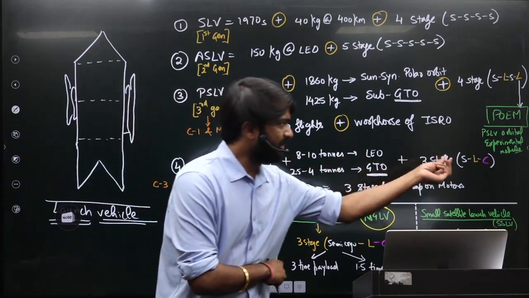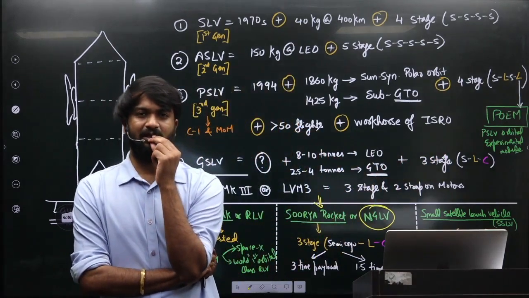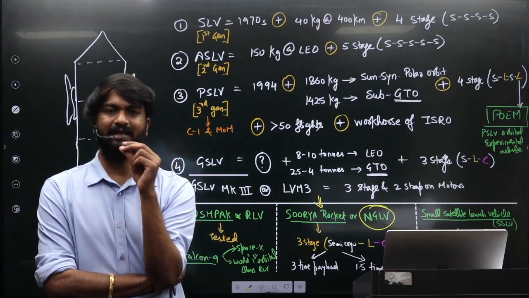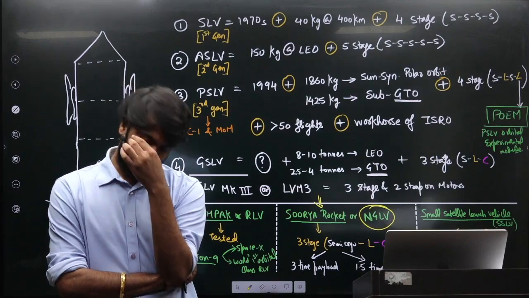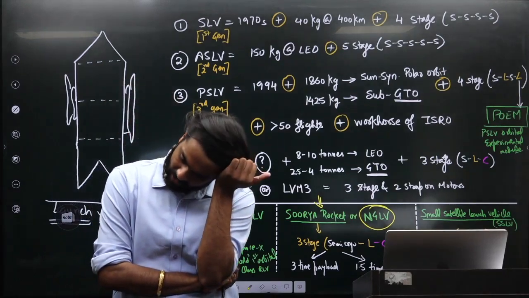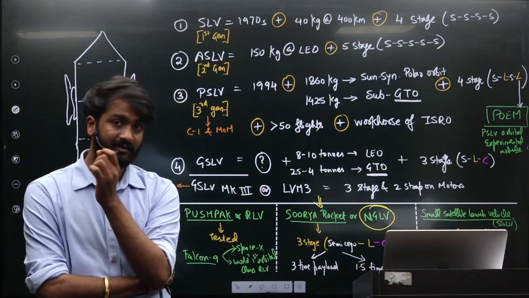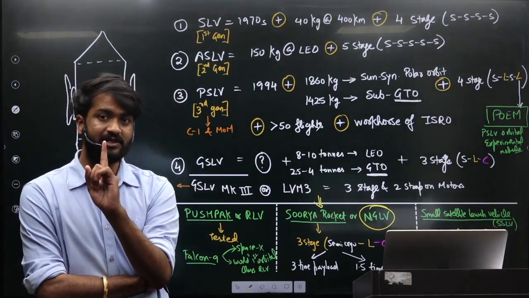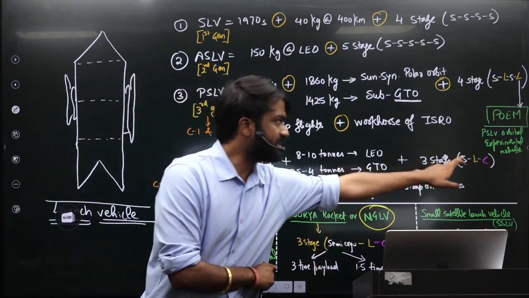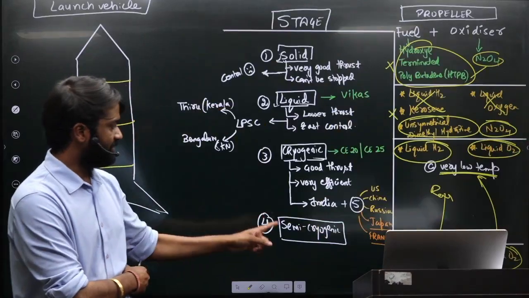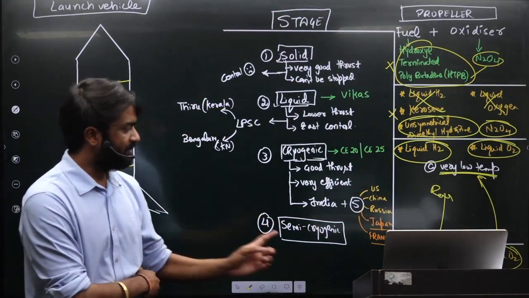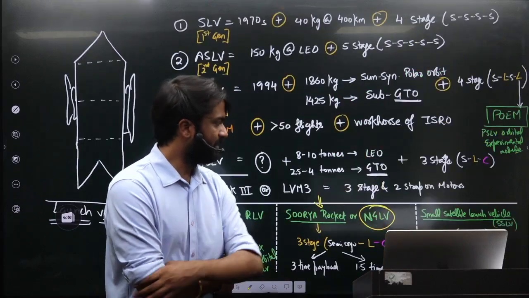Now since the solid stage has less burning time, it finishes quickly, and energy density is also poor. What we are trying to do is replace the solid stage, remember, not the cryogenic stage, the solid stage, with a semi cryogenic engine, where we'll be using refined kerosene and liquid oxygen.